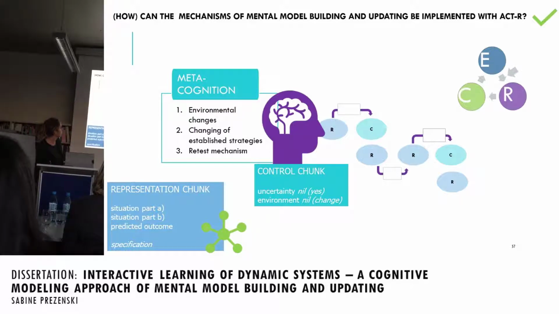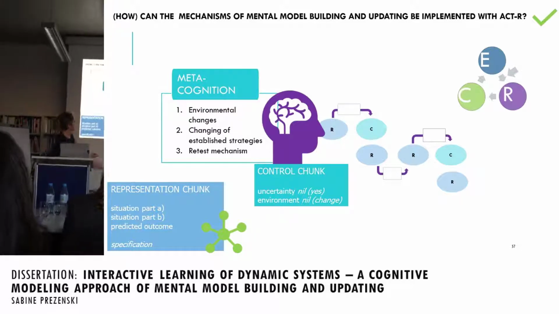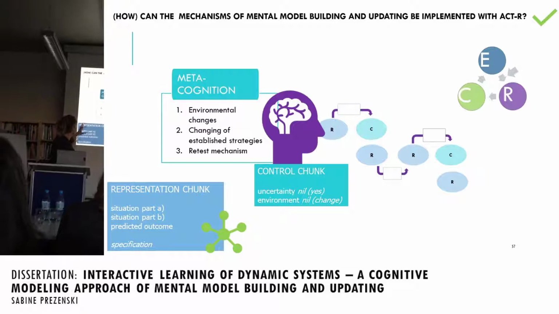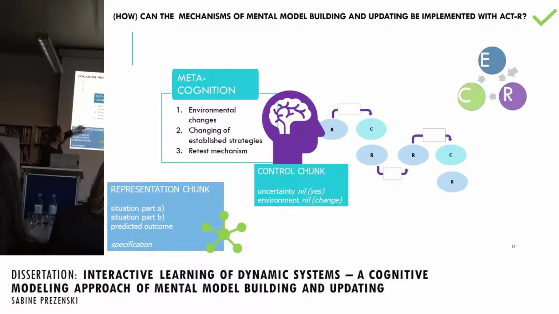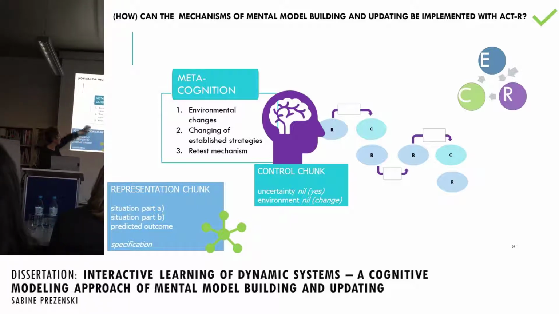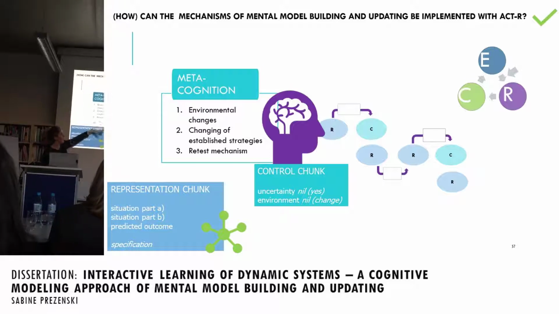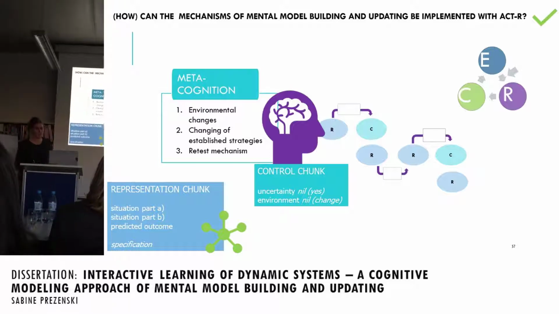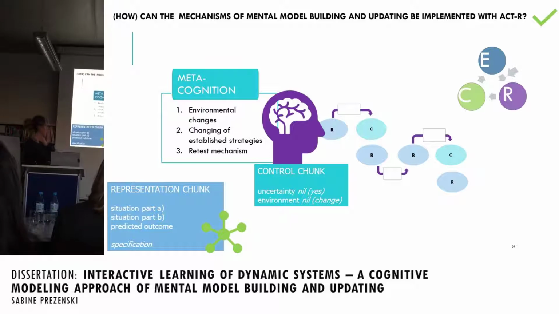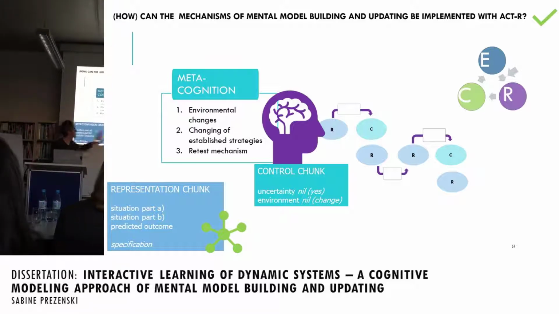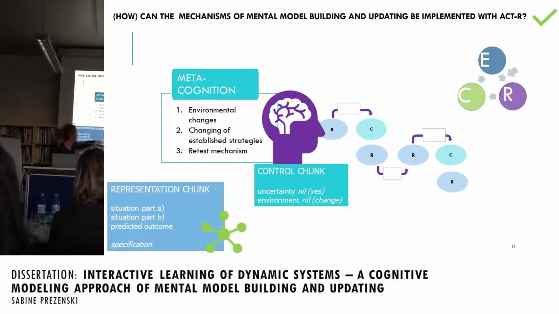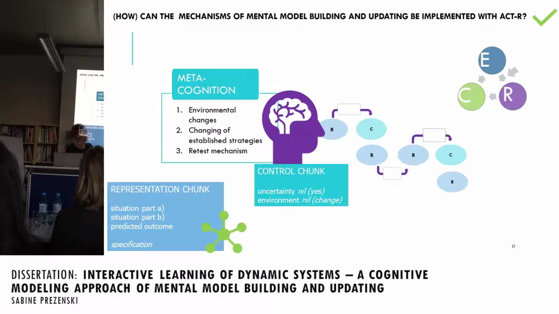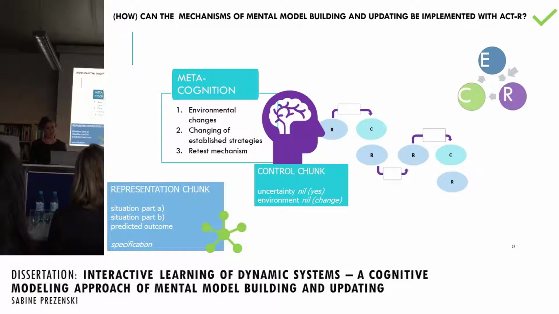And then in the reflection phase, we have different metacognitive processes for registering environmental changes, for changing established strategies, and a retest mechanism, and we have the control chunk, where uncertainty about the representation chunk and environmental changes are explicitly registered.